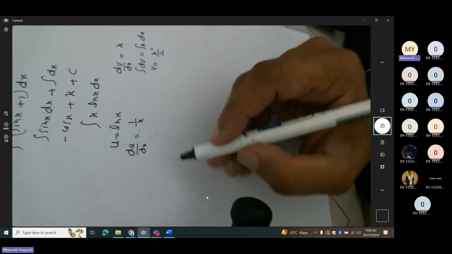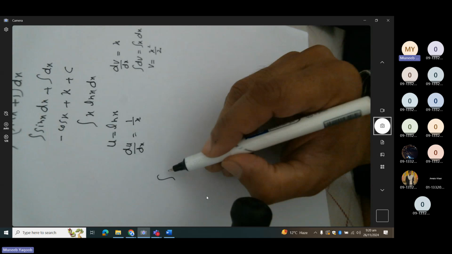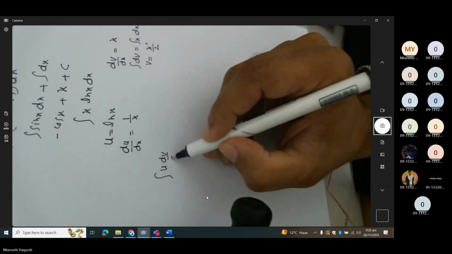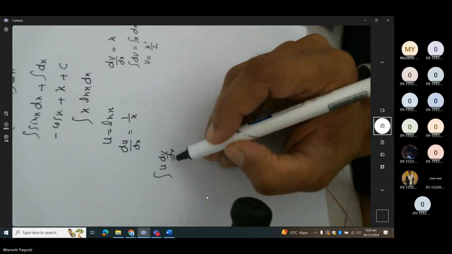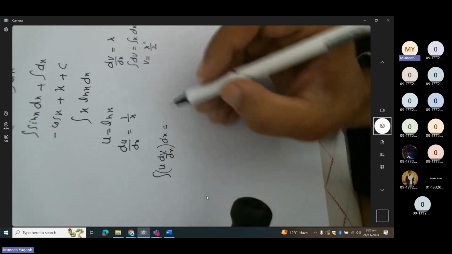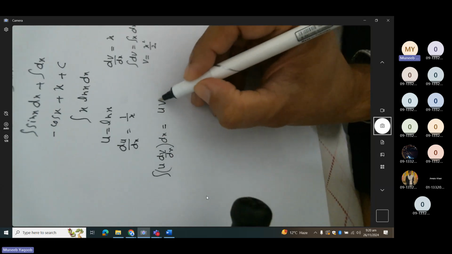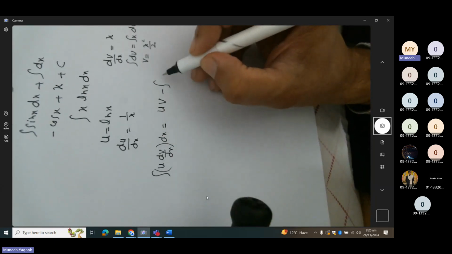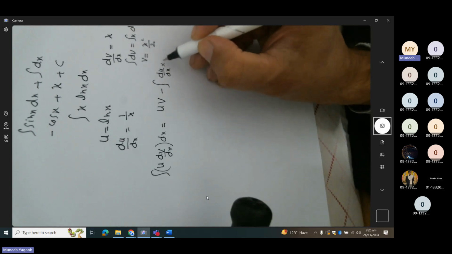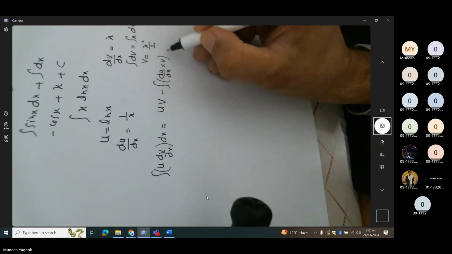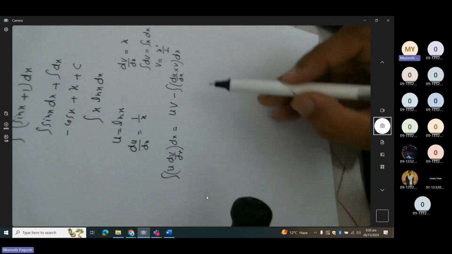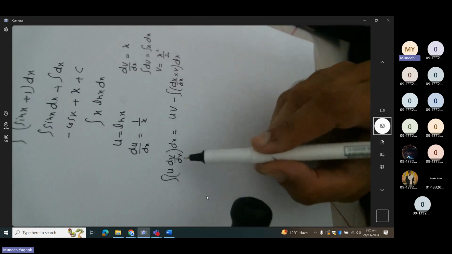Now we will use the formula: integral u into dv by dx is equal to u into v minus integral of du by dx into v dx. So this is the formula for integration by parts.